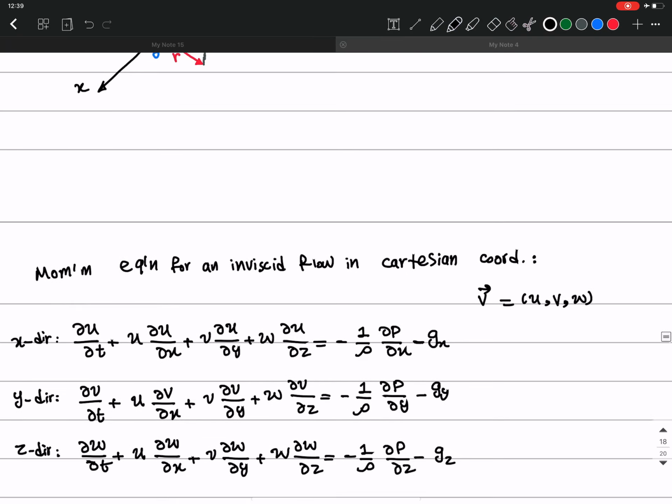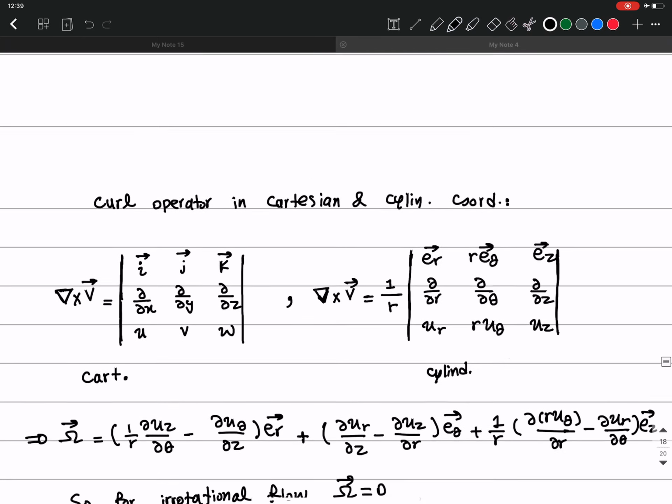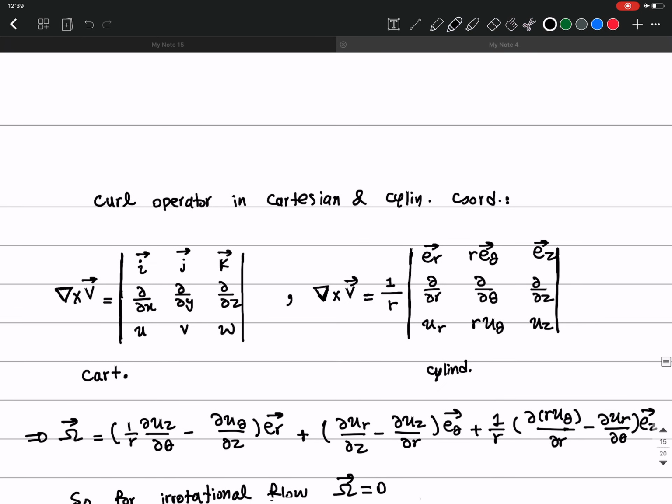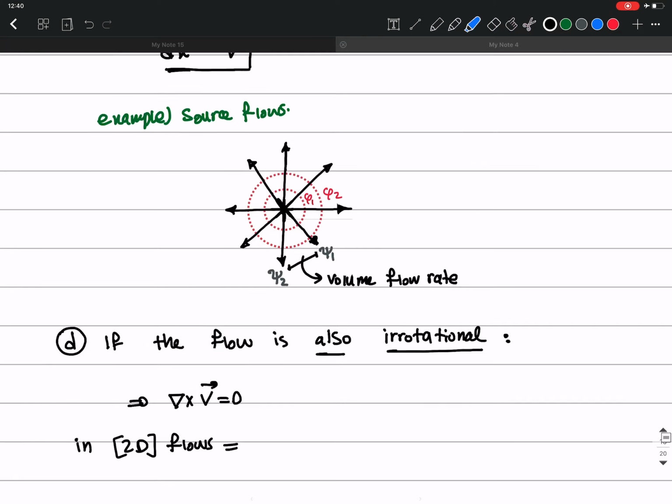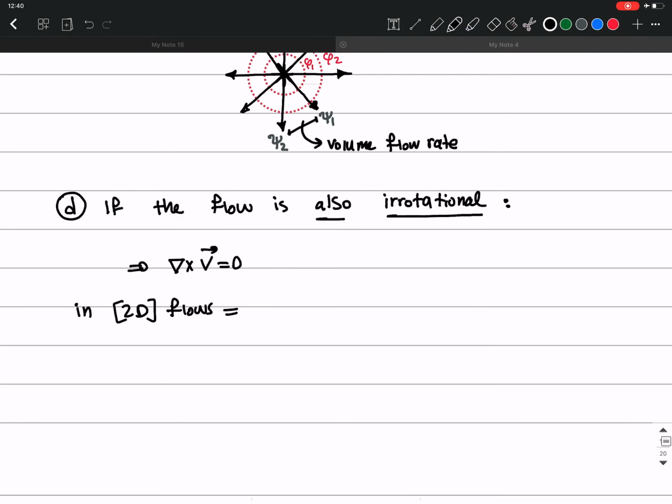And I can find it. Yeah, we can maybe look at it here, because it's only x and y. So this is going to be the only component here. So it's going to be partial v over partial x minus partial u over partial y, times k.